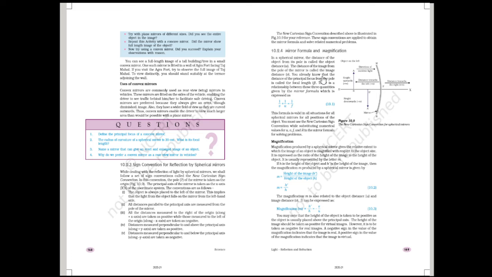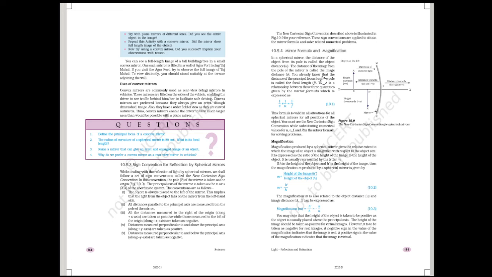And now note that the height of an object is taken to be positive, as the object is usually placed above the principal axis, and the height of the image should be taken as positive for virtual images. However, it is to be taken as negative for real images.